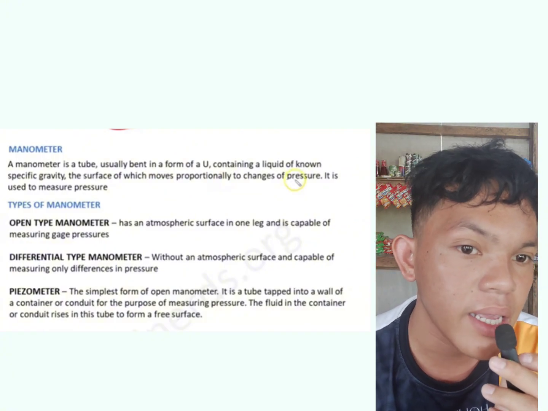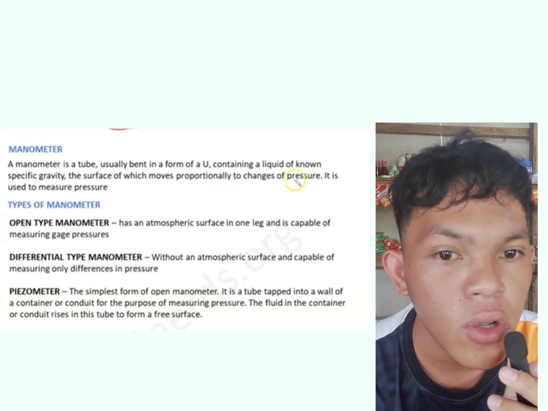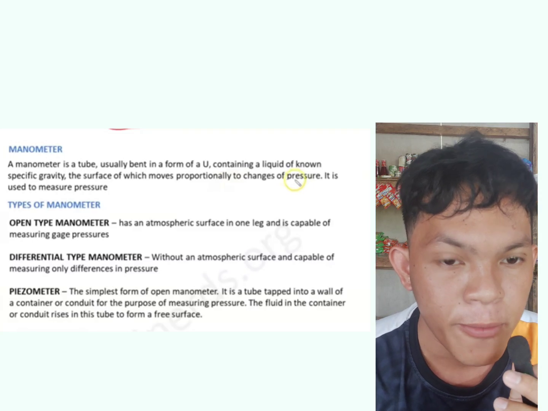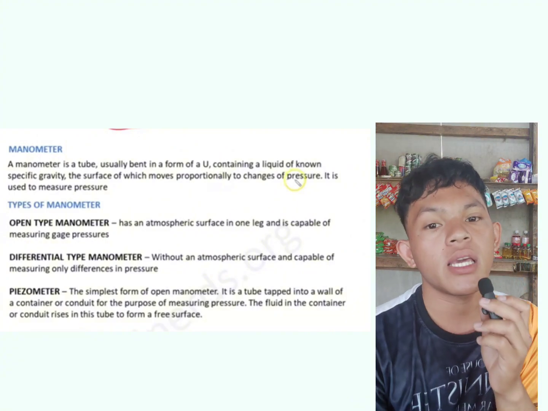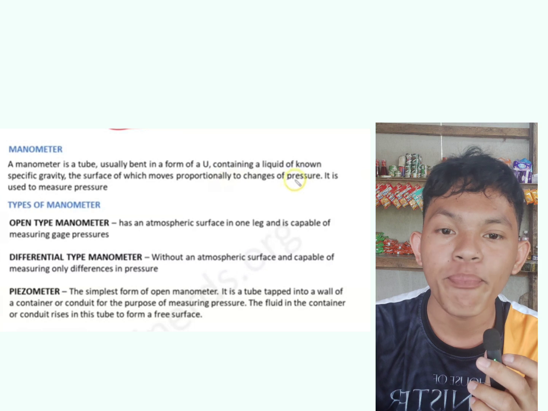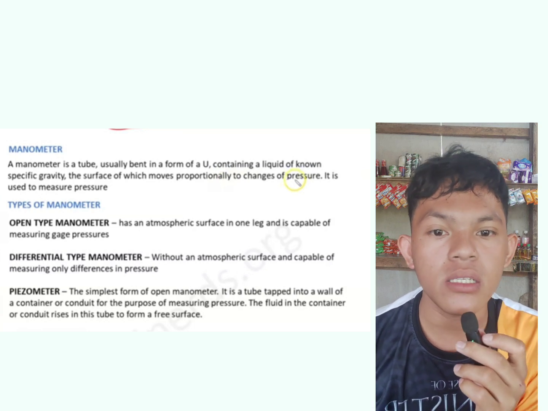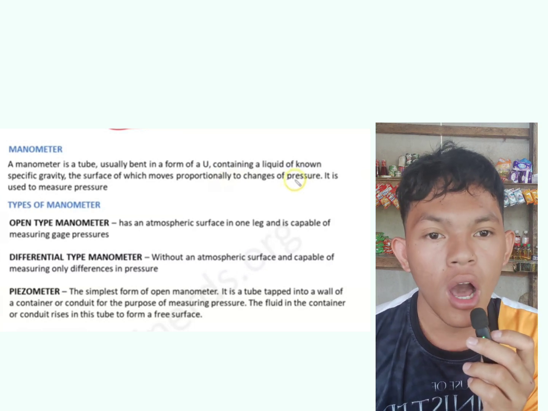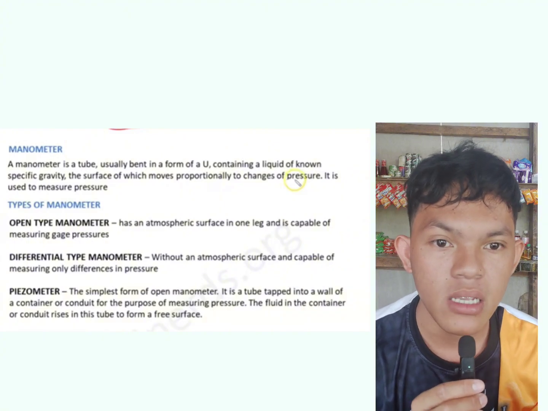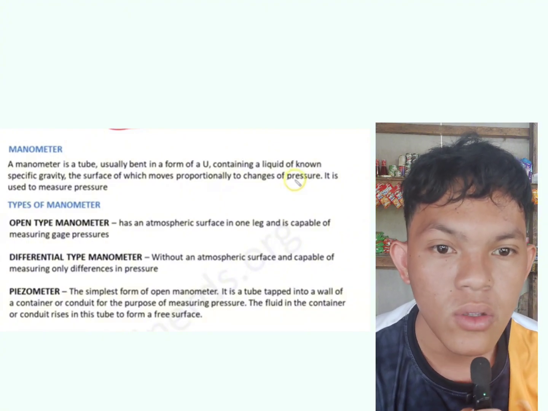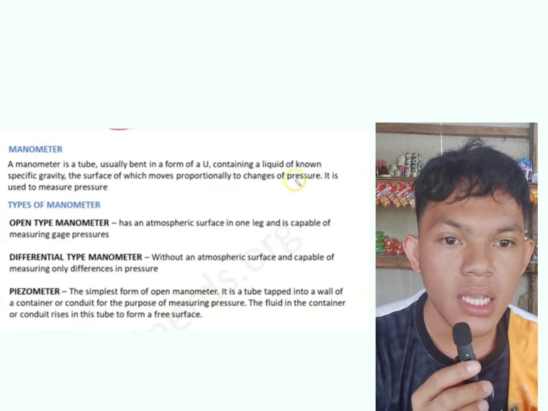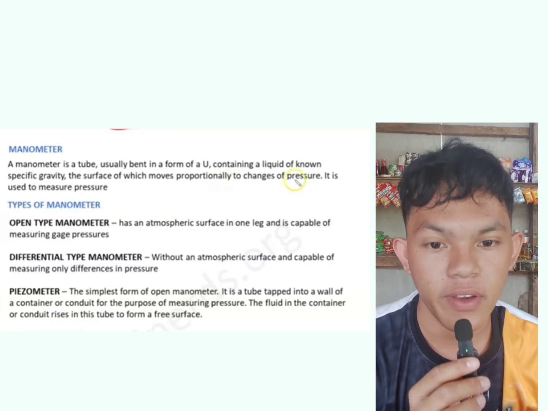The liquid in the container or conduit rises in the tube to form a free surface. Meaning to say, yung open manometer is naka-attach siya doon sa isang container, which is gina-measure niya yung pressure ng liquid na nag-rise doon sa tube na yon, which is nagpo-form ng free surface.